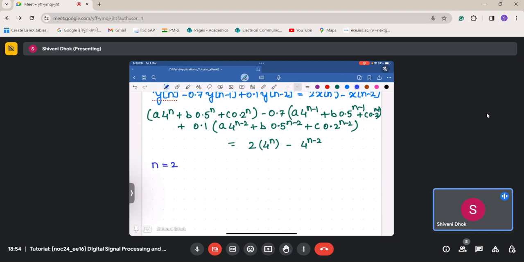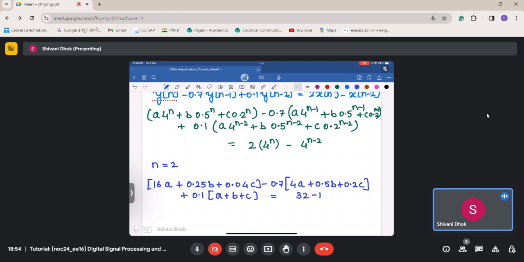Then this first bracket here becomes 16a plus 0.25b plus 0.04c minus 0.7 times 4a plus 0.5b plus 0.2c, plus 0.1 times a plus b plus c, which is equal to 2 into 16, that is 32, minus 1, that is 31. Okay, so this thing we have here.